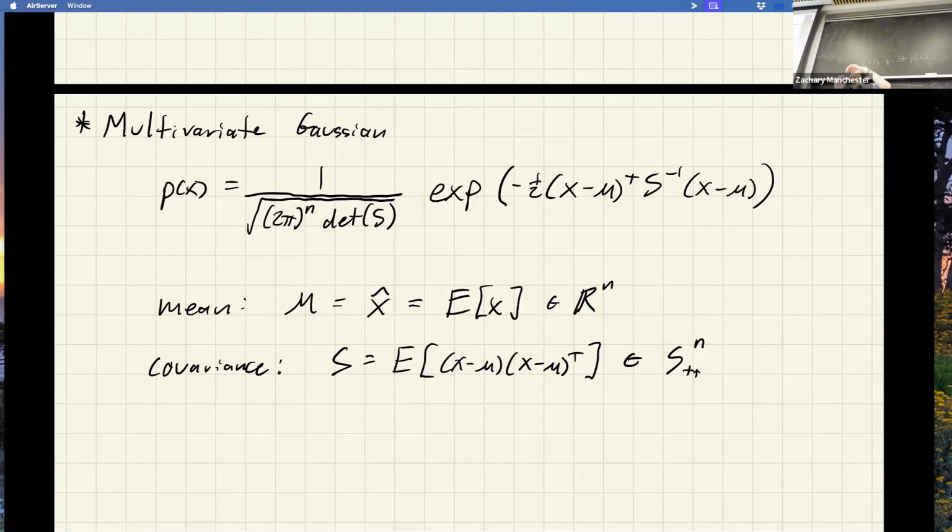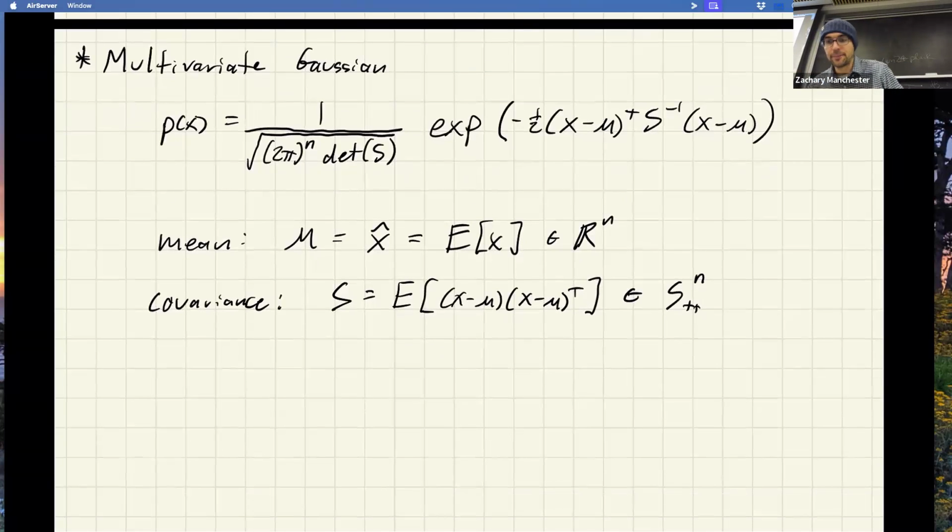If it's semi-definite, it means it has a zero eigenvalue. Specifically, the Gaussian is smushed in one dimension. So if I'm in 3D and I have a distribution that's confined to a plane and doesn't have any probability mass in one direction, that's when this happens. Normally, if we are in n dimensions and we have noise, we're going to assume this is strictly positive definite, which means there's probability mass in all directions.